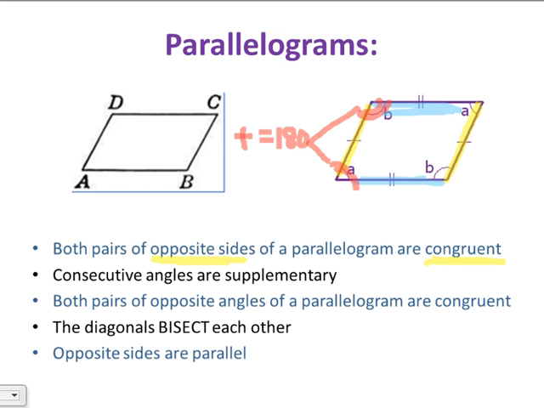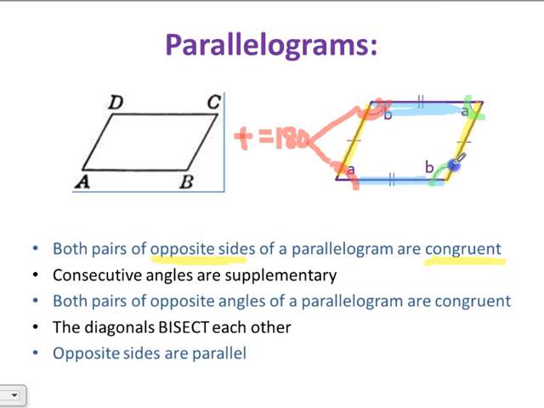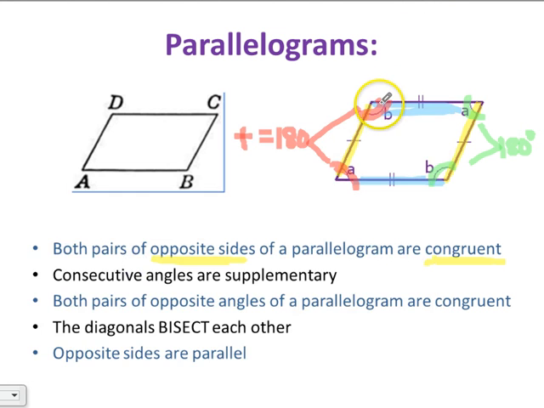So angles that are consecutive, when you add them up, you're going to get 180 degrees. You can also have these two angles right here, which would also be consecutive. They just have to be next to each other. And when we add those angles up, they're going to be supplementary, or they're going to equal 180 degrees.